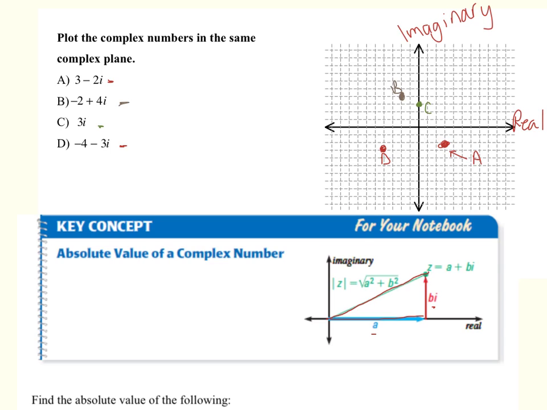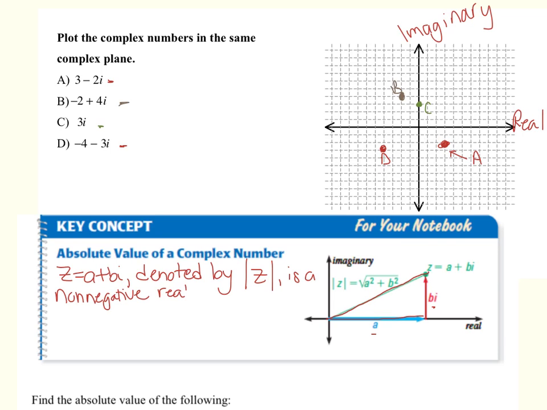So the absolute value of a complex number z equals a plus bi, denoted by absolute value of z, just like as if it were a real number, is a non-negative real number defined as the absolute value of z equals the square root of a squared plus b squared.